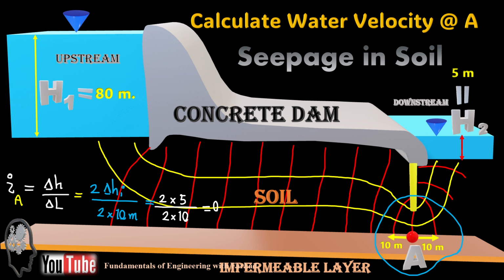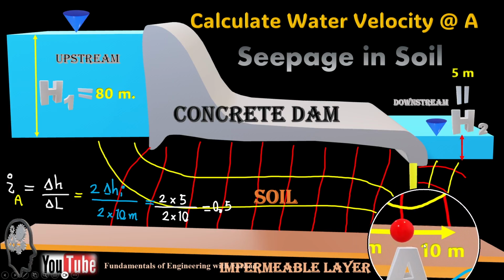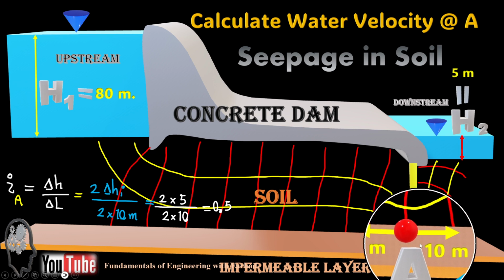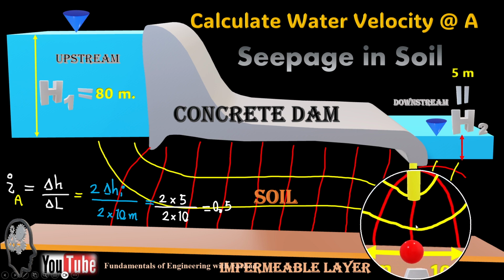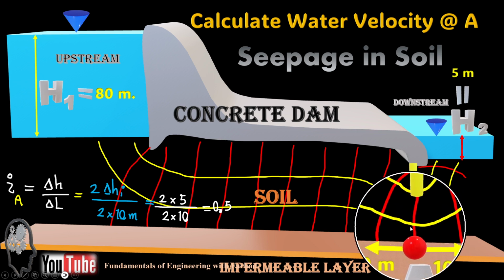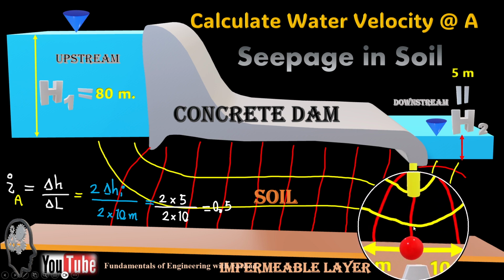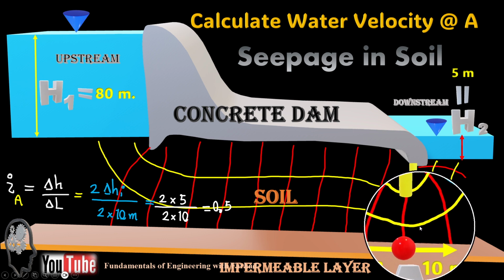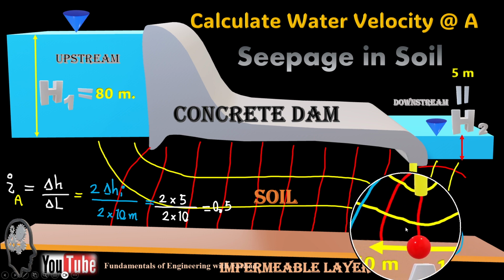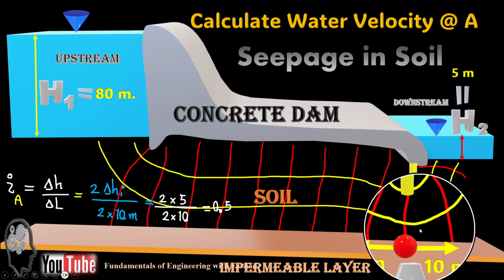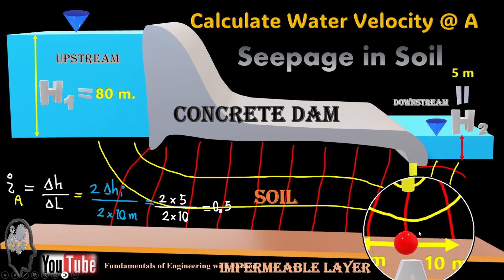So if we want to calculate the hydraulic gradient for point A, you can easily see the distance is 10 plus 10, 20 meters, and delta H happens to be the distance of three of these lines, so two spaces, where each of these spaces stands for 5 meters of delta H i.